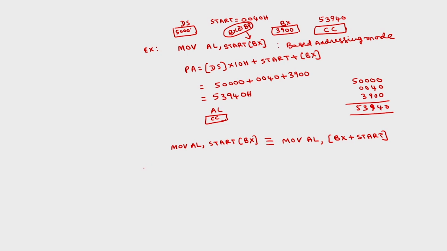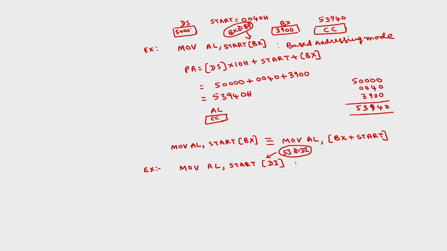There is another addressing mode, indexed addressing mode. Same thing, but here instead of a base register we will use an index register. This can be either SI or DI, source index or destination index.